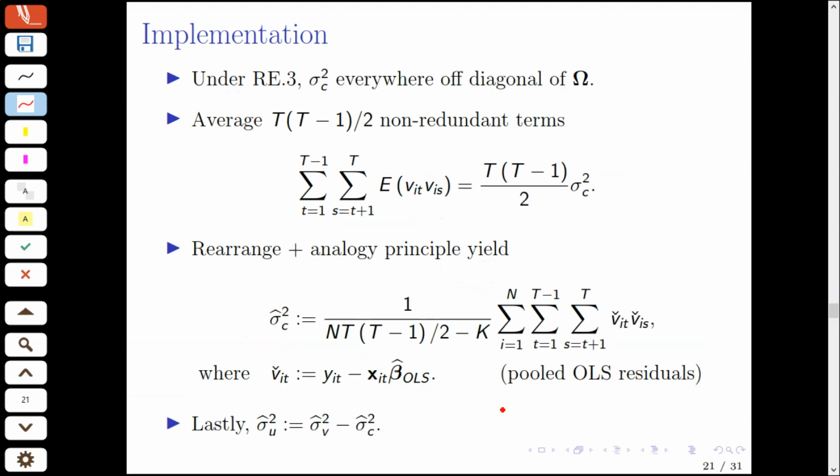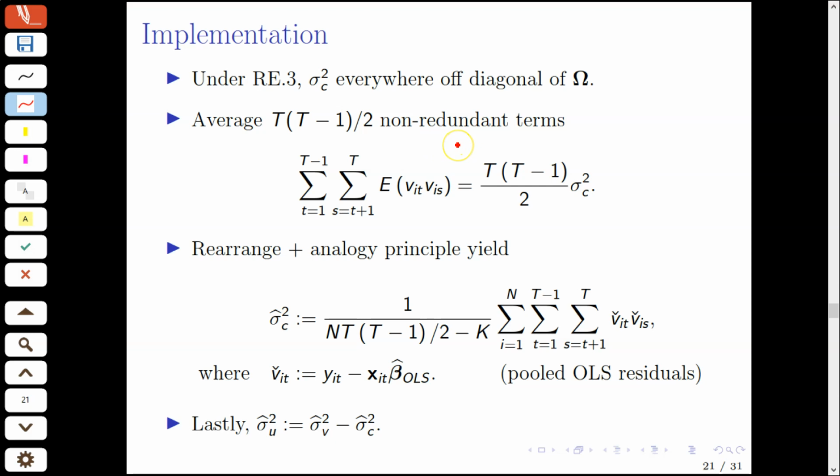Estimating the individual effect variance is a bit more hairy, but not too bad. Now, under the third random effects assumption, we see that everywhere off the diagonal of the composite error variance matrix is equal to sigma c squared. Hence, if we average over all of these off-diagonal terms, or rather the non-redundant terms, non-redundant due to the symmetry of a variance matrix, we'll have T times T minus 1 over 2 terms.